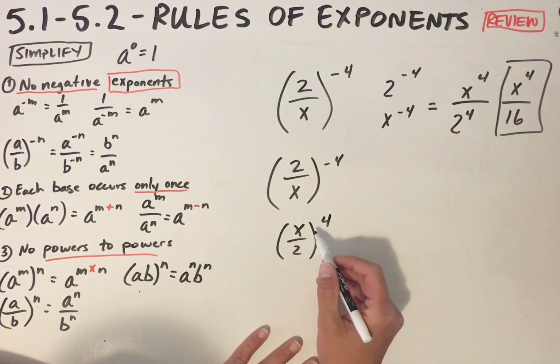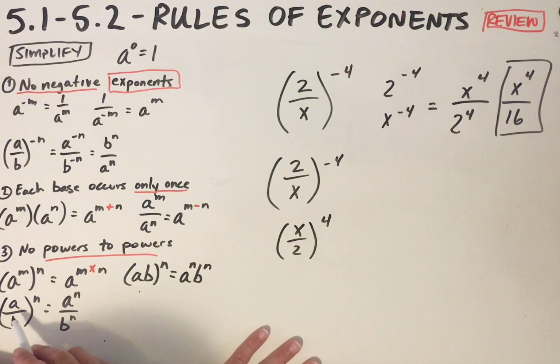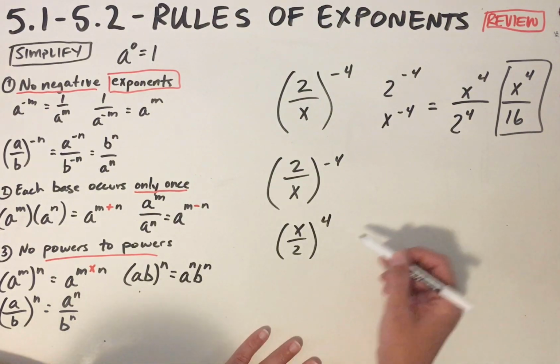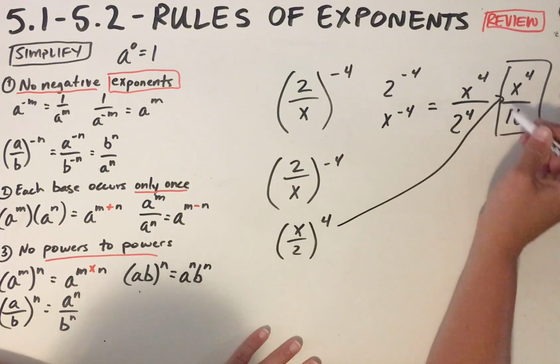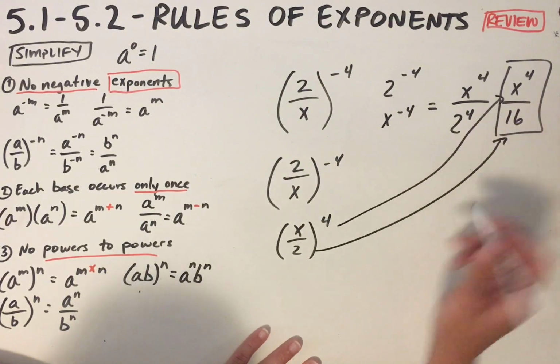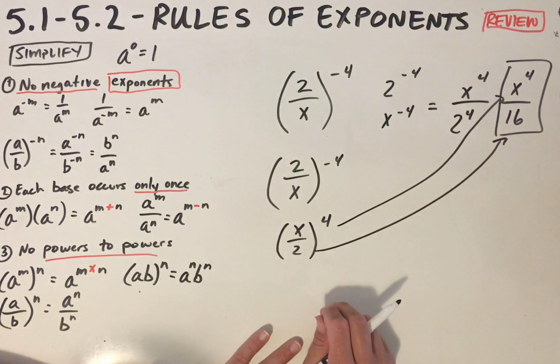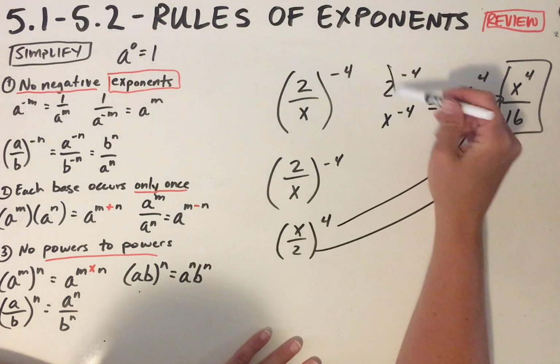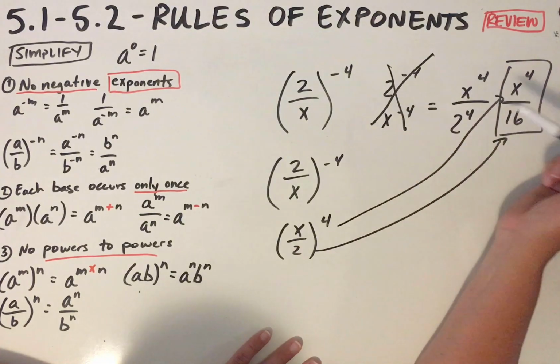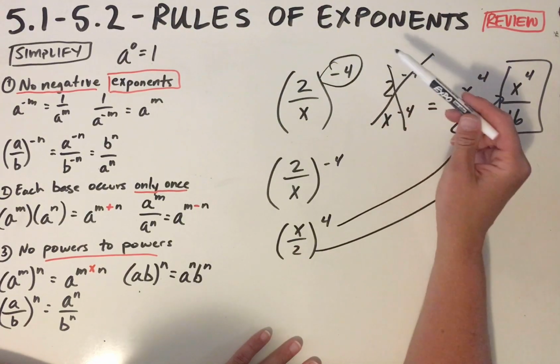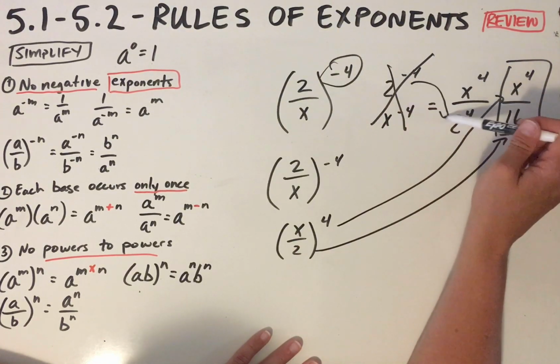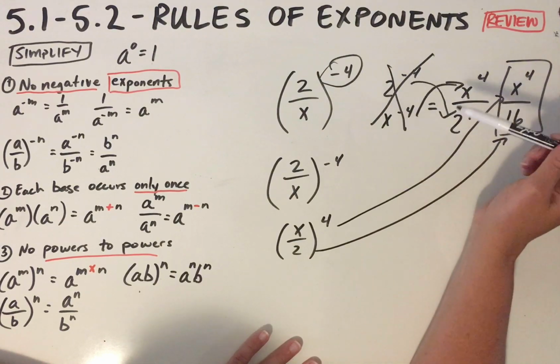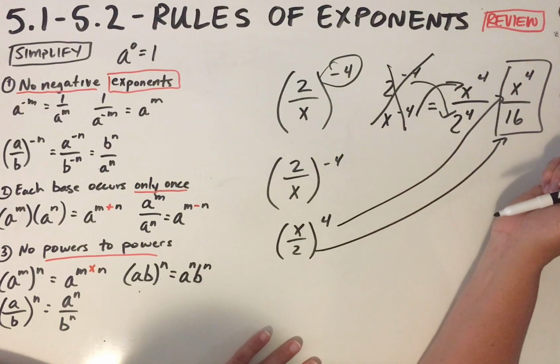And then remember that every one of these, a to the n, b to the n, belongs to this exponent. Well, look, x to the 4th, 2 to the 4th. Okay, so wait, what did I just say? Well, you can see that we can skip this step right here, because if I have a negative out here, they're just both going to end up flipping the opposites. So I might as well just flip them to begin with.